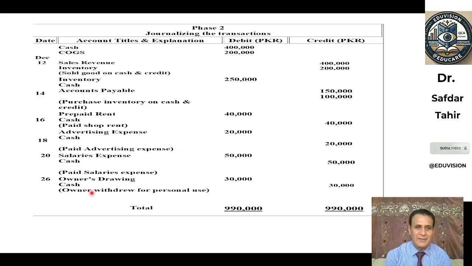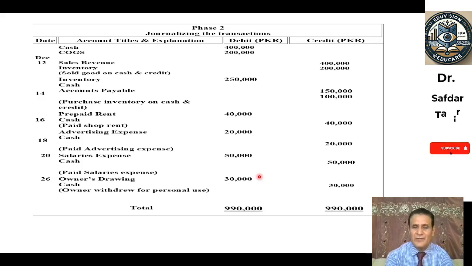Again, on 26th of December, the owner withdrew 30,000 as drawings for personal use. The owner drawing of 30,000 is debited, and the cash is credited. So the total of this entry is 9,90,000 debit and 9,90,000 credit.